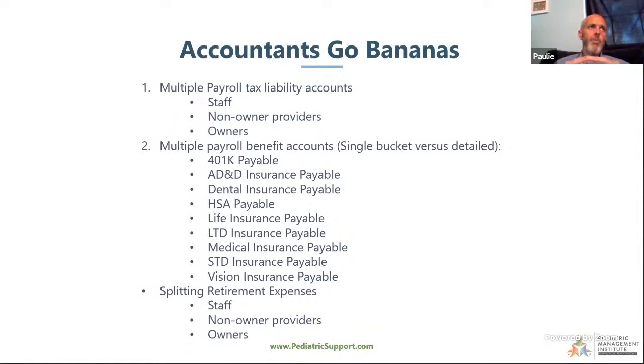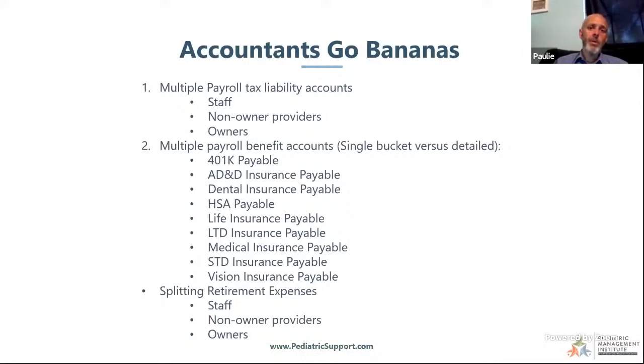If you have $1 million in payroll, the employer portion is probably 80,000, give or take. And what I want to do is break out my payroll tax liability so I can see how much of that was related to staff, how much was related to the owners, how much was related to non-owner providers. That way, I can track it on a month-to-month basis and be able to really measure what my operating overhead rate is and identify where issues are.